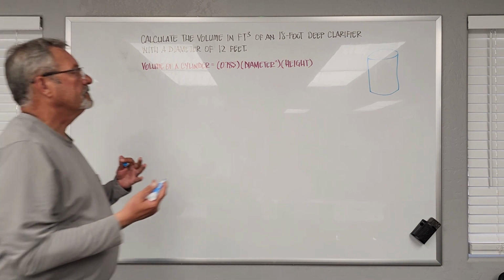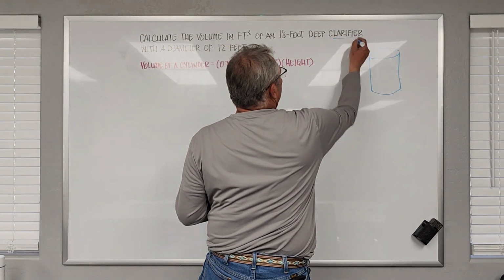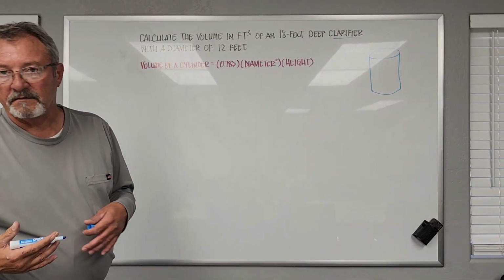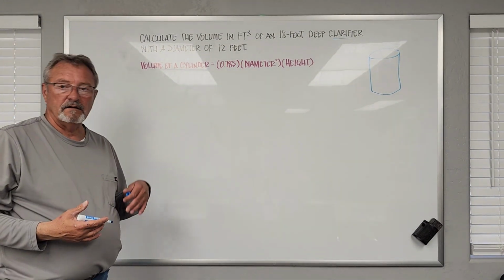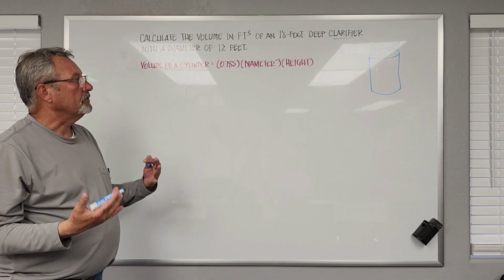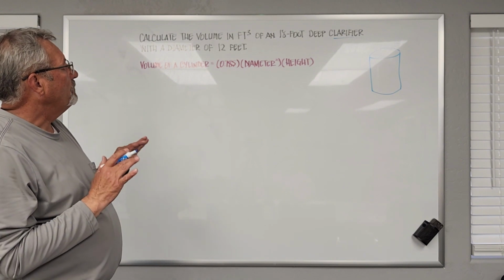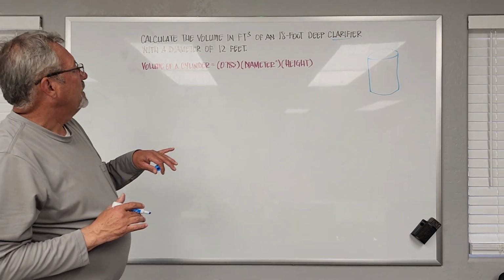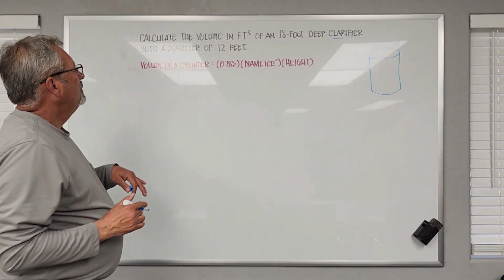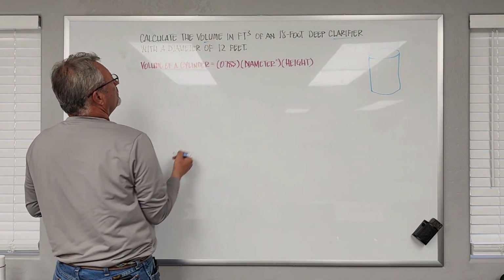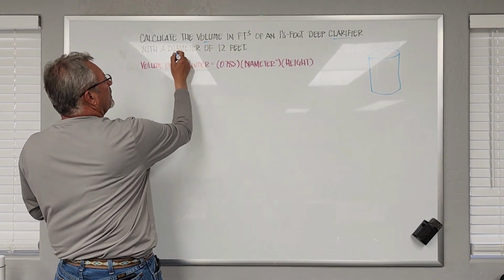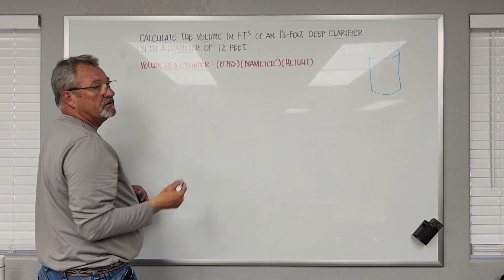And it doesn't matter that it's a clarifier. The questions that you get on your exams, it's gonna say a clarifier, a tank, a reservoir, things like that. And it doesn't really matter what it is. What matters here is that you're looking for keywords like volume. It's got a diameter of 12 feet.